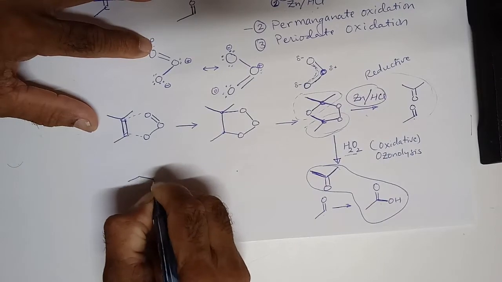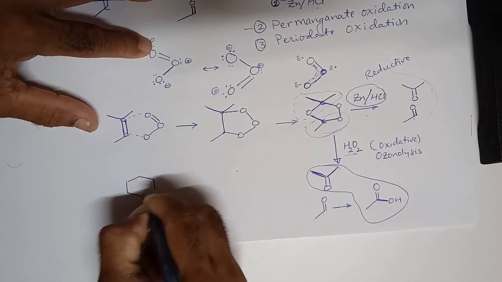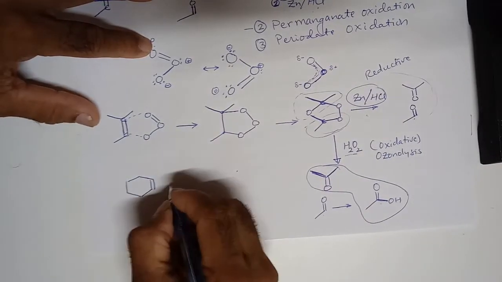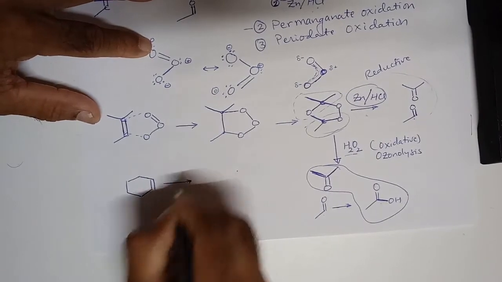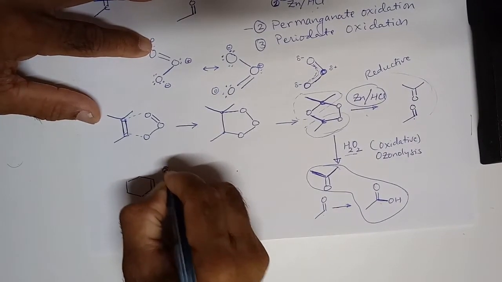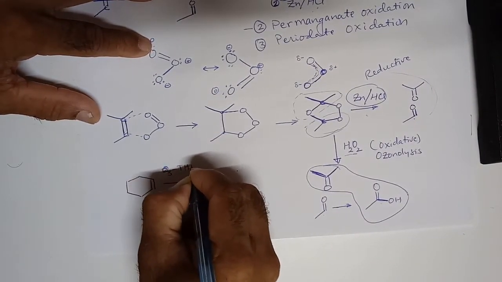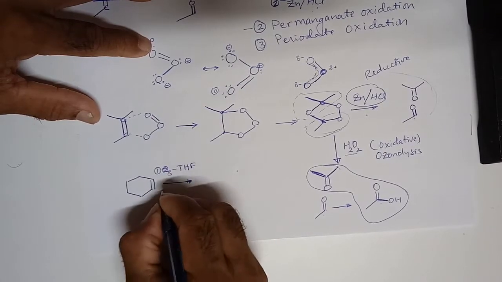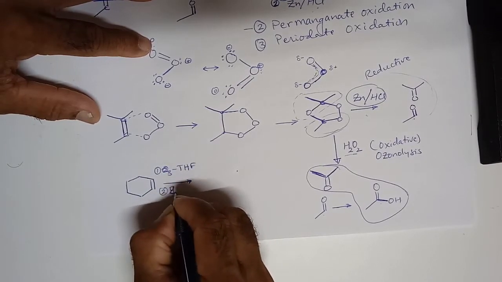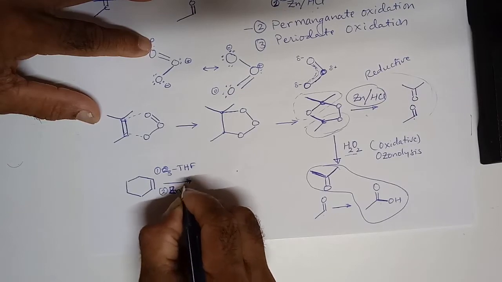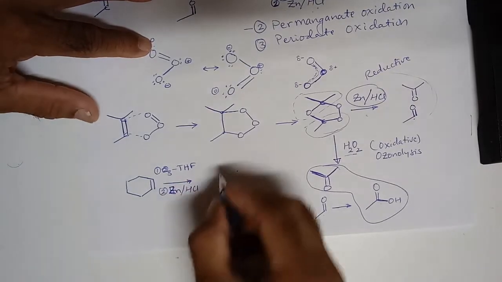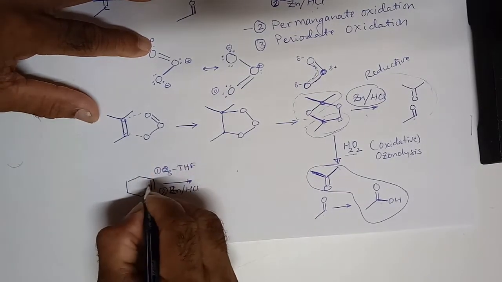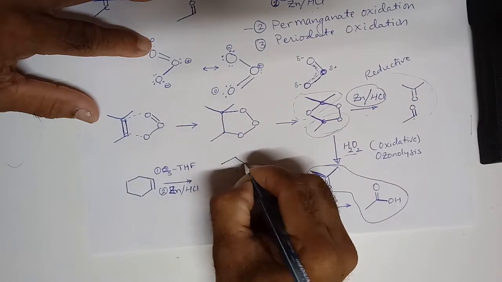What would happen if I have something like this? Ozonolysis, O3, THF, and zinc HCl gives you again a split.